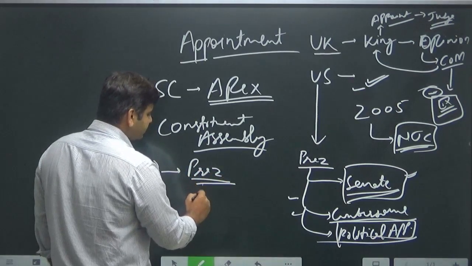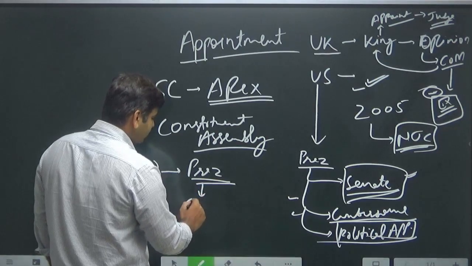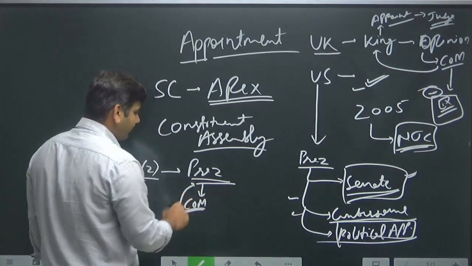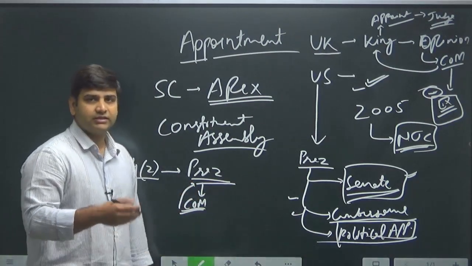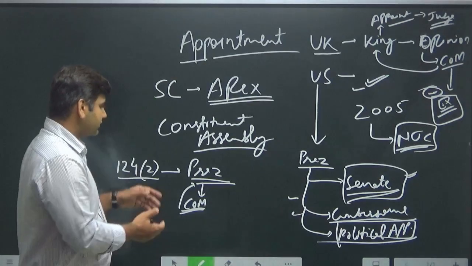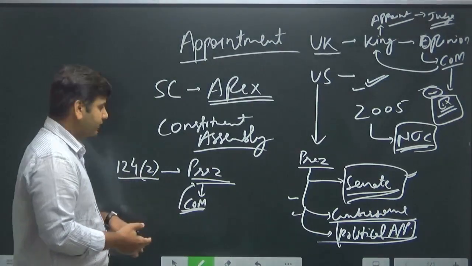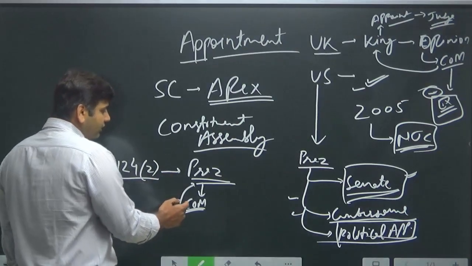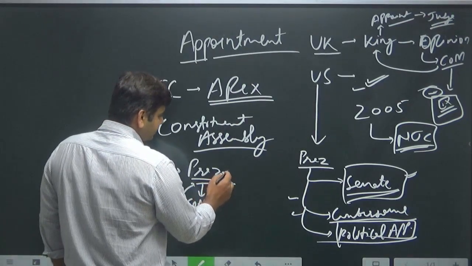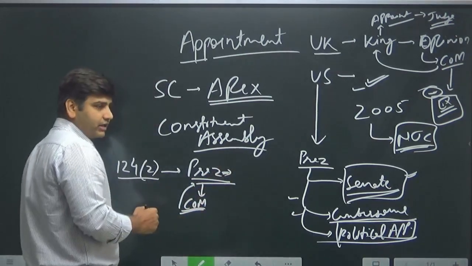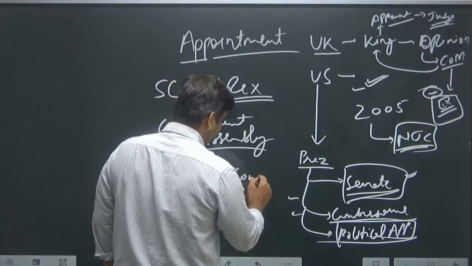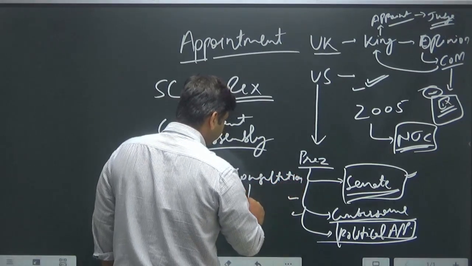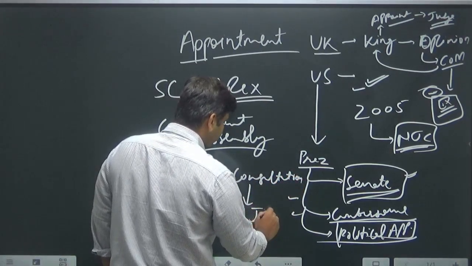When it comes to the President, we all know that it is the Council of Ministers whose decision goes to the President, and the President has to abide by it, because this is a parliamentary form of government and the President is only the head of the state. The President appoints the judge in India in consultation with the Chief Justice of India.